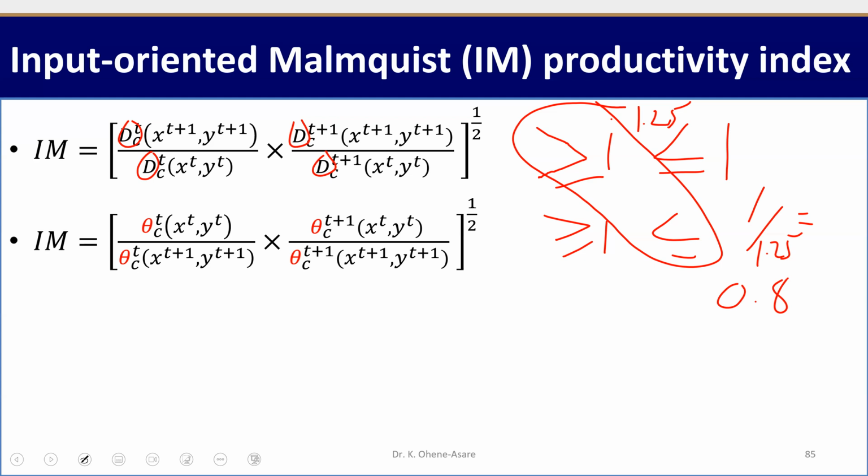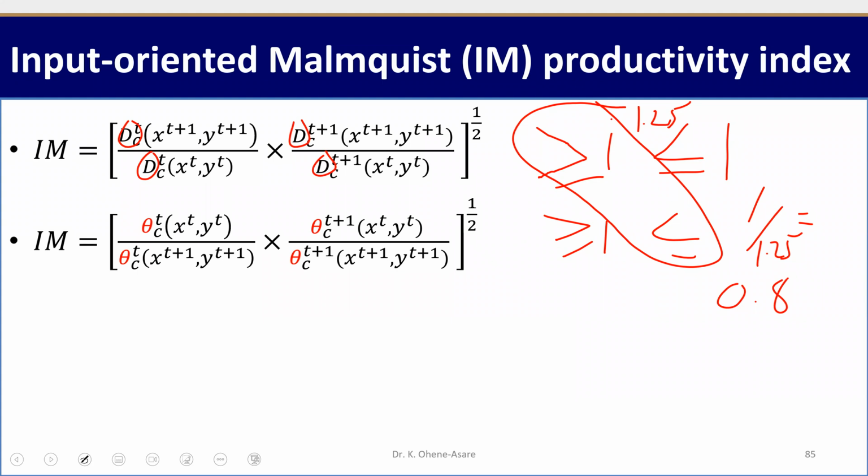This is an input orientation. It's an input orientation. And this is important. Unless you are using the efficiency scores. But Michael, even if you are using efficiency scores, your result is still going to be the same.